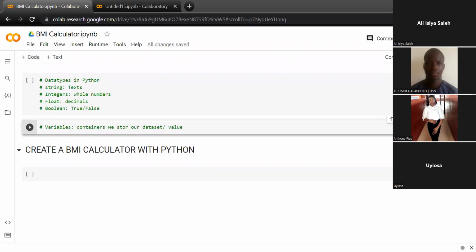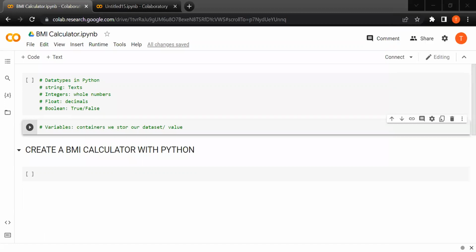Raised to power 2. Height multiplied by weight. Mass divided by height. It's actually weight divided by height times 100, raised to power 2, something like this.